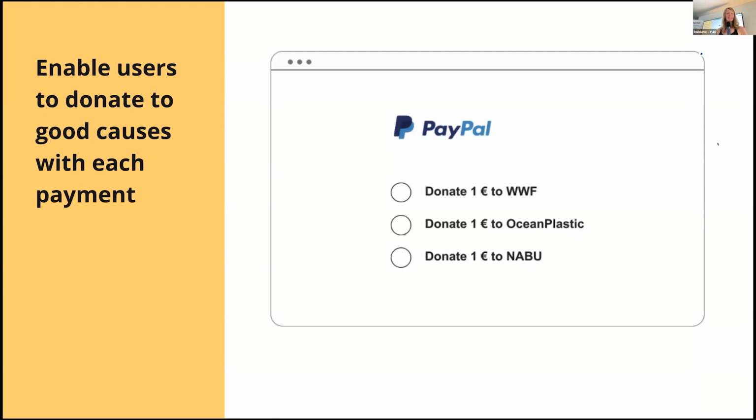And last but not least, enabling users to donate to good causes with each payment. This is, for example, PayPal. You might have seen that one before as well, when you had some kind of checkout. I don't know if it's the same when you send money to friends, but definitely in certain checkouts, not only PayPal does that, a couple of others do that as well, showing you, hey, do you want to donate €1 to an NGO?